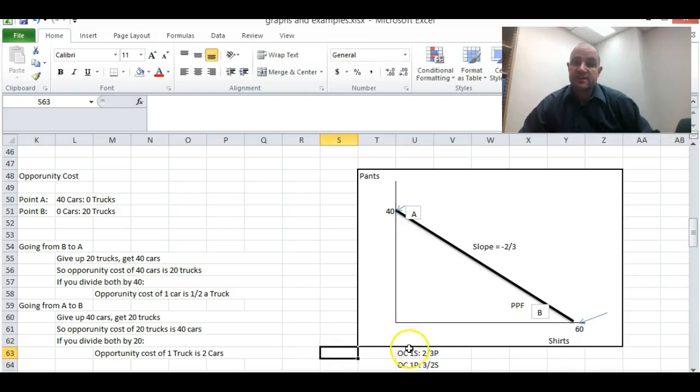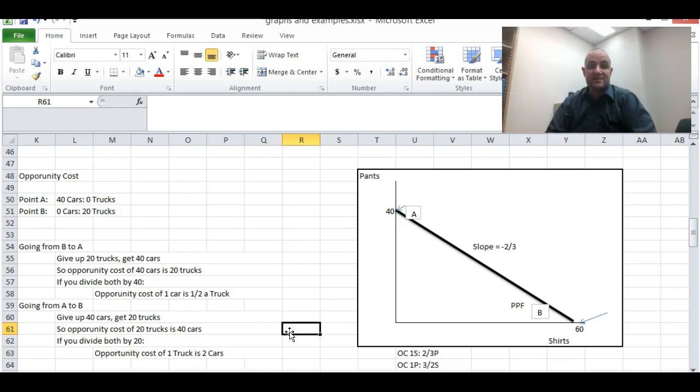So for every shirt you make, you have to give up 2/3 of a pant, and vice versa. So that takes a look at how you approach a production possibility frontier in the event that it is a straight line.